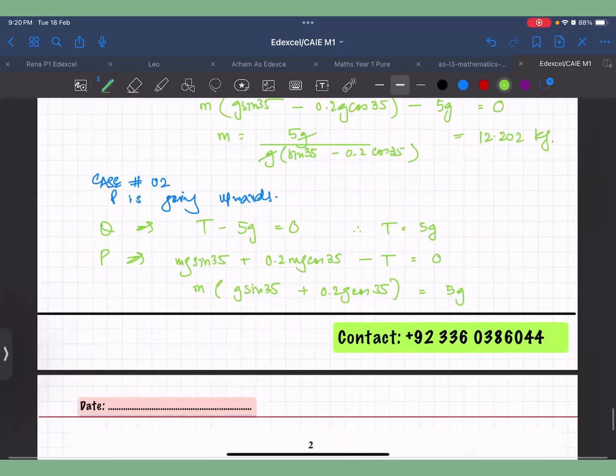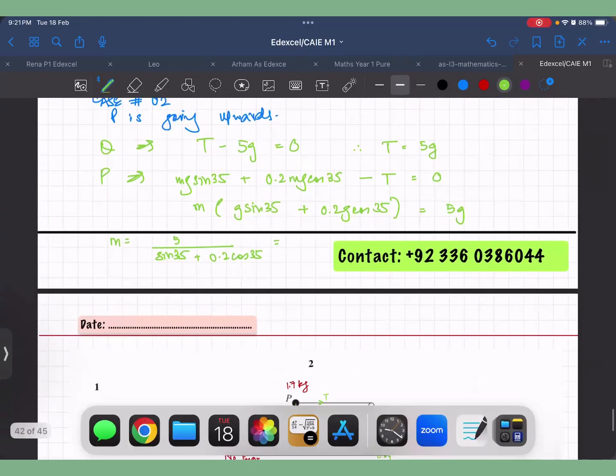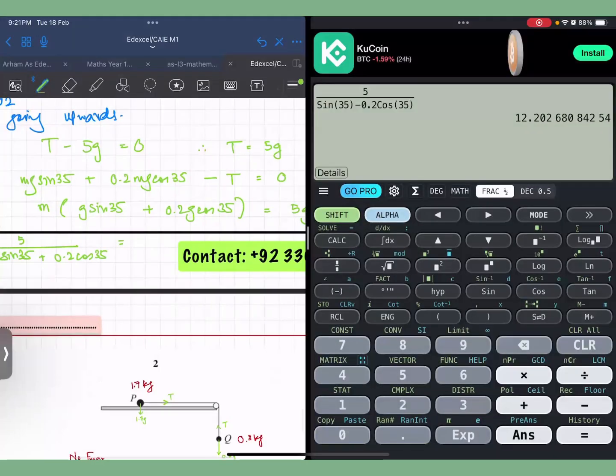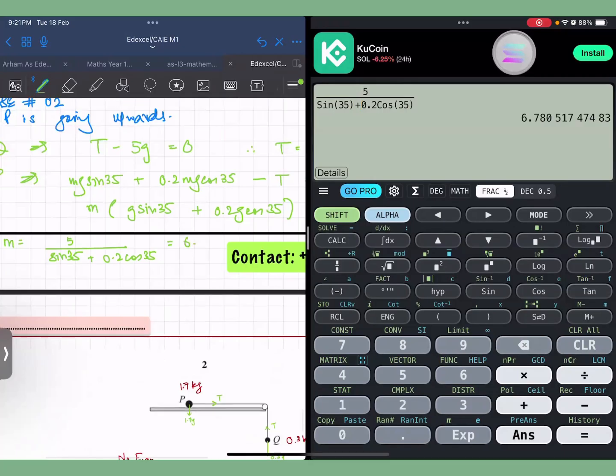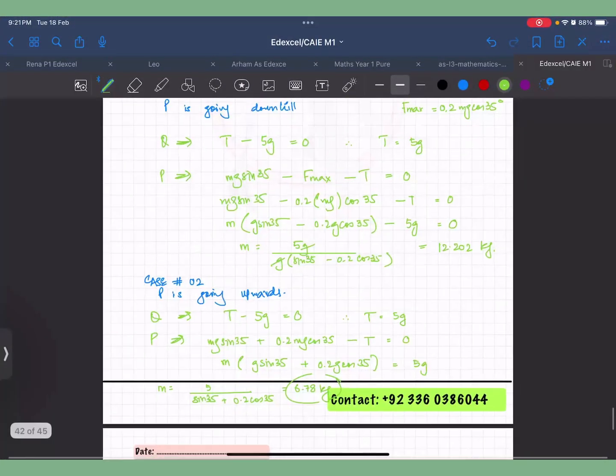I don't have much space over here. So mass comes out to be 5 divided by sine 35 plus 0.2 cos 35. So mass comes out to be 6.78 kg. So this was the maximum value of mass for which it is in equilibrium.